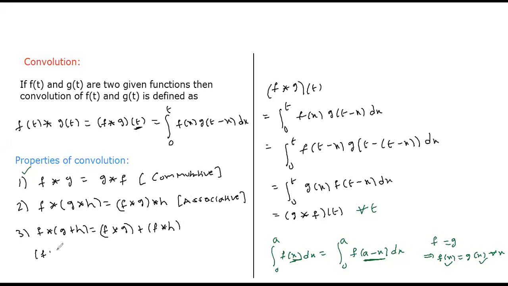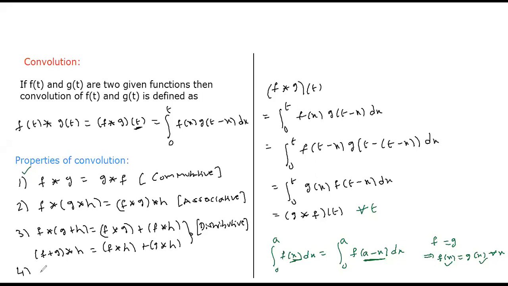Similarly, f plus g convolution h is equal to f convolution h plus g convolution h. What are these two properties called? Distributive. So commutative, associative, and distributive are all algebraic properties.